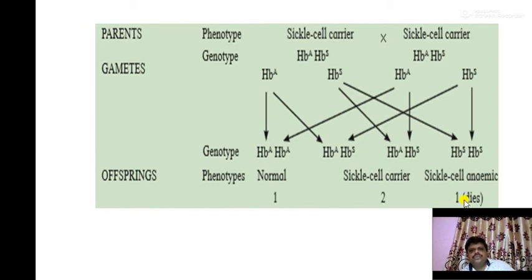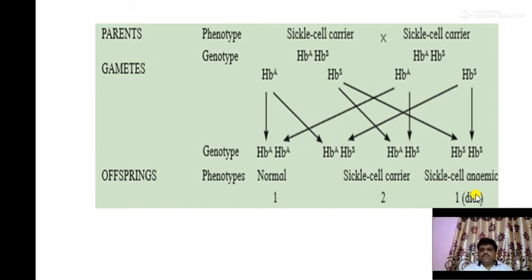So this is the classical example of sickle cell anemia, in which when a carrier female marries a carrier male, they will produce three different types of offspring. The first one will be normal, the second one will be a carrier, the third one will be a carrier, and the last one will be totally anemic, which will die due to the anemia.